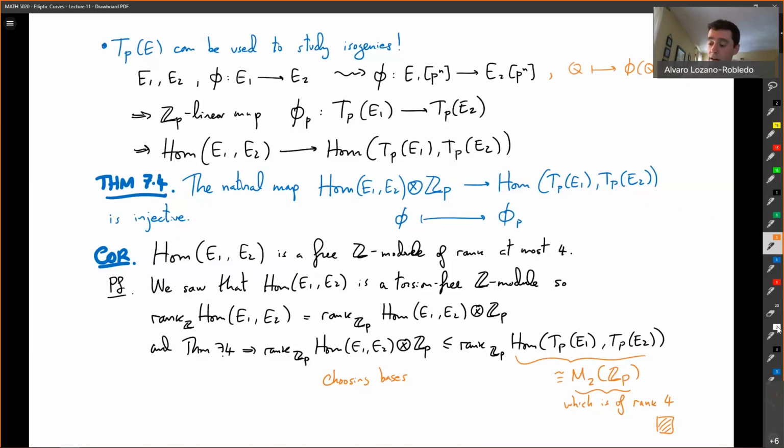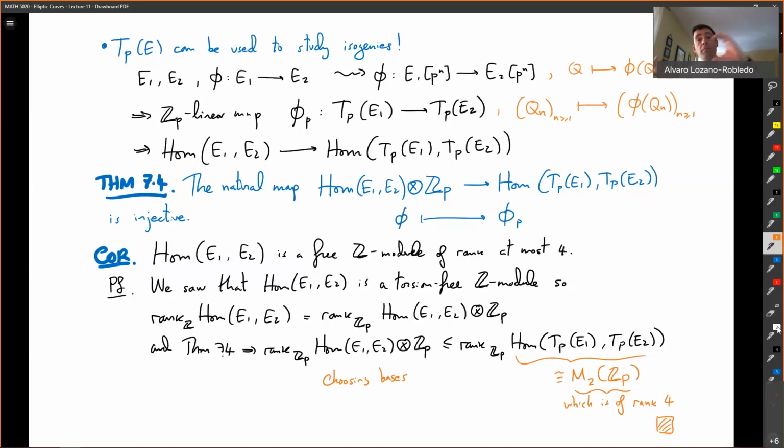And then the map here would send a sequence to a sequence of phi's, just like that. Now you can check that the compatibility will also hold: if the Qn's are compatible, phi will commute with multiplication by p.